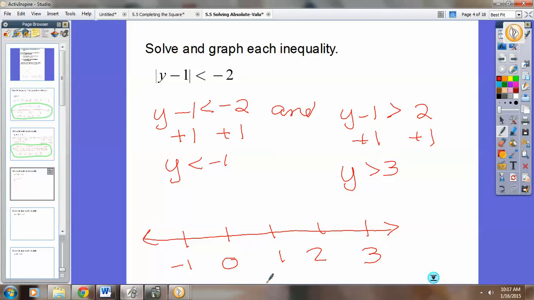I would like for you to graph numbers that are less than negative 1 and numbers that are greater than 3.